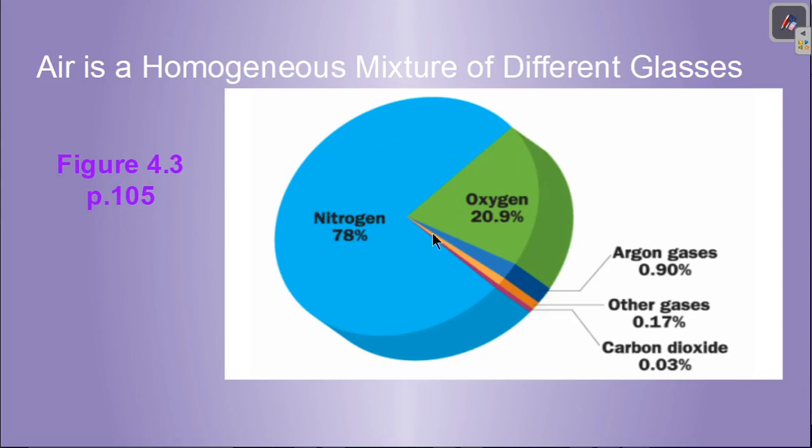A funny thing, we may not realize this, maybe you have learned this in biology before, is that the majority of the air around us is not oxygen. We need oxygen to breathe, you know that. Plants give us that oxygen that we need to breathe. And we release carbon dioxide that plants use to do their photosynthesis and create the sugars that we eat and so on. You should have learned that in biology.